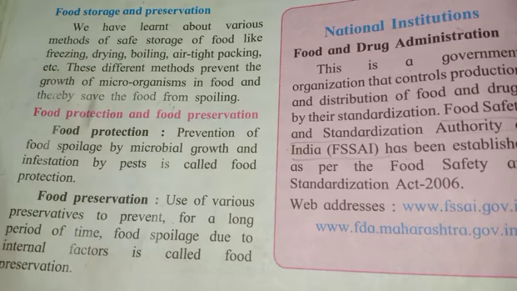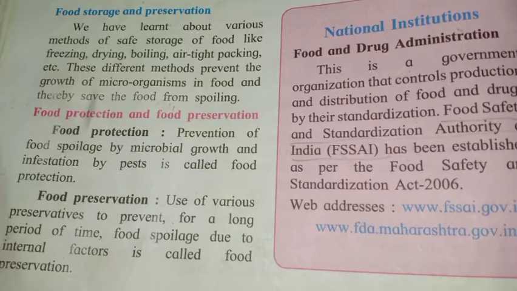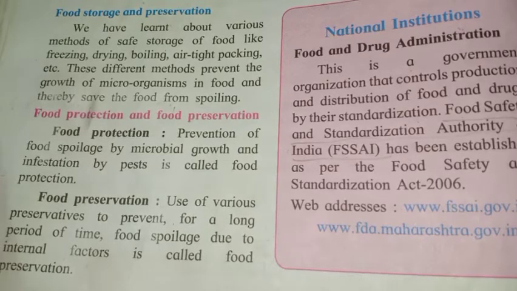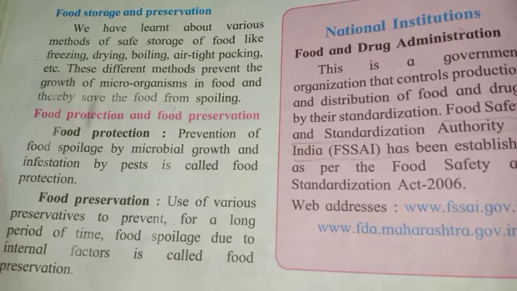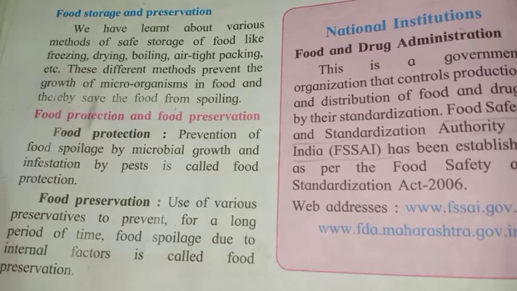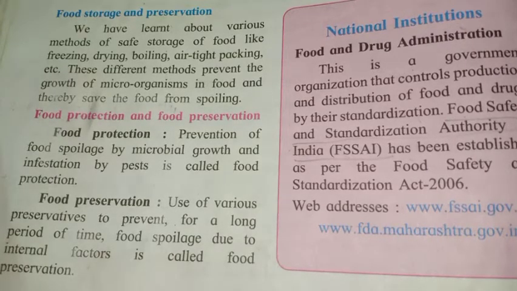Okay, there are some factors in food itself because of which food is spoiled or microorganisms grow in it. So food preservation is the use of some preservatives. The main aim of these methods of food preservation is storing the foodstuffs for a long time.